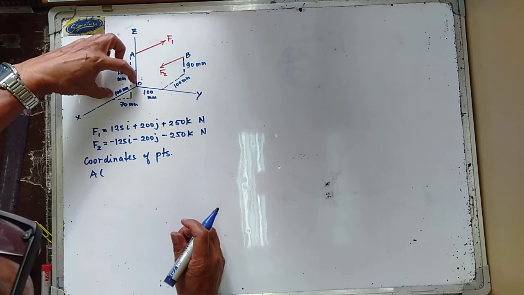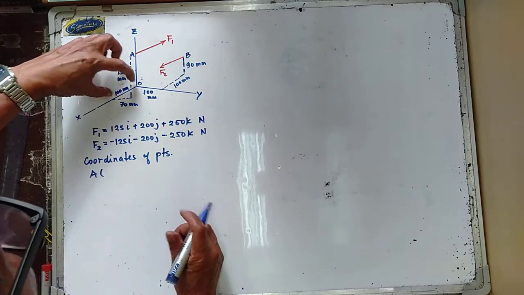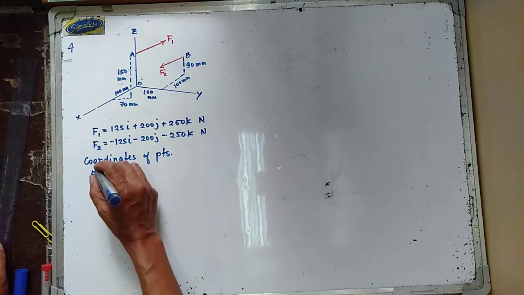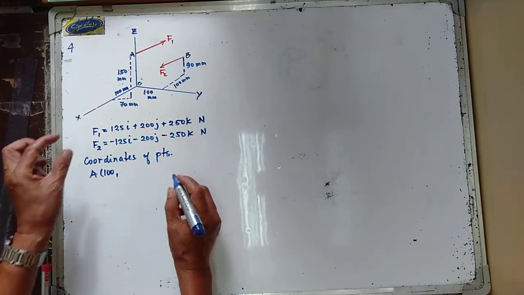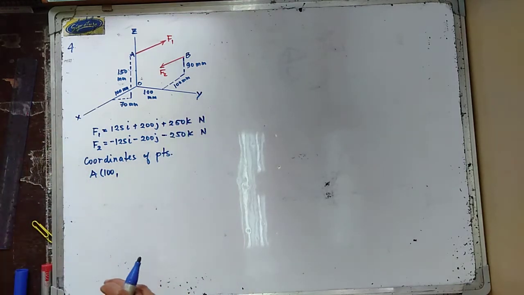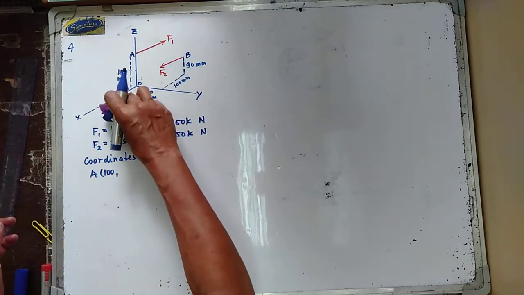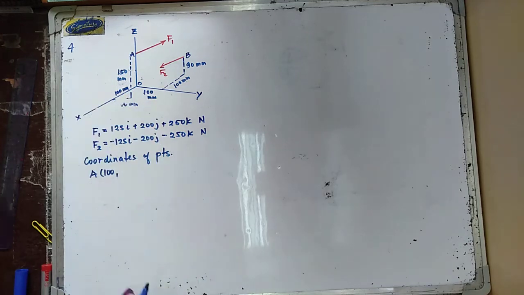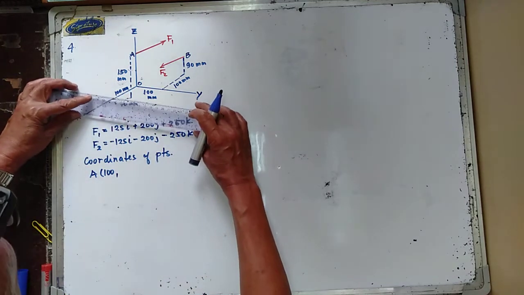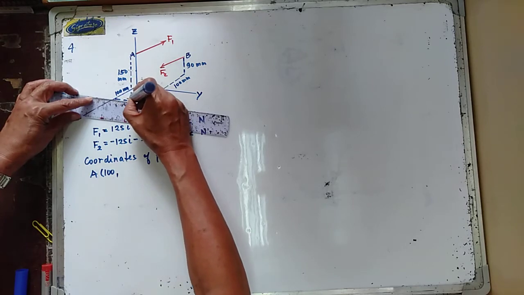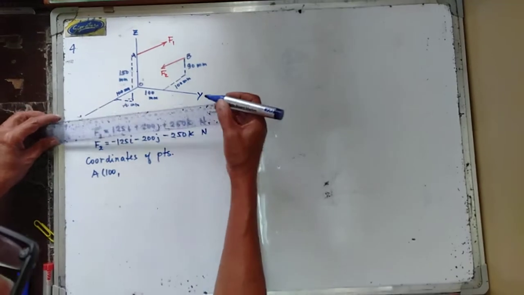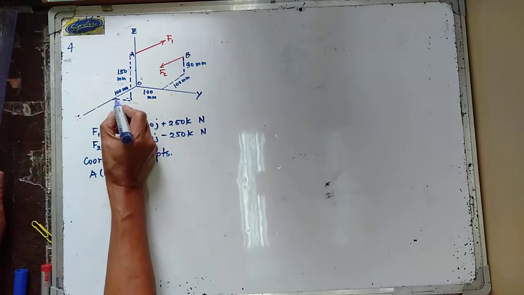Your A here, x is 100 mm. And then your y is equal to 70 mm. This is parallel to the y-axis, and that is your 70 mm.